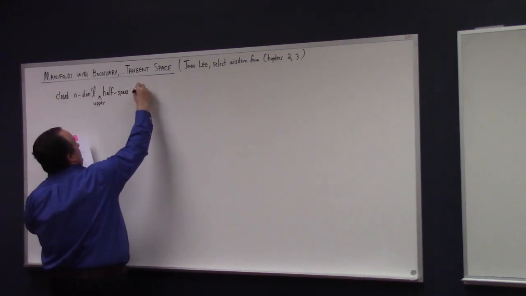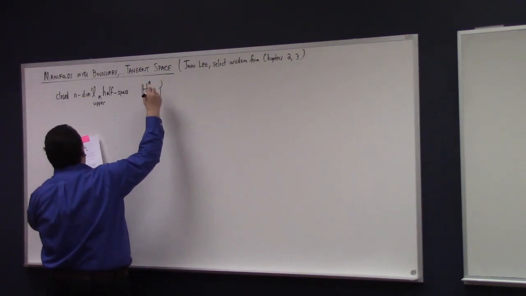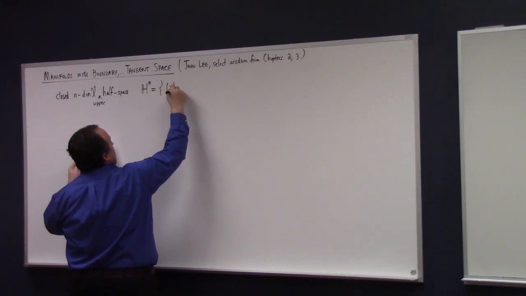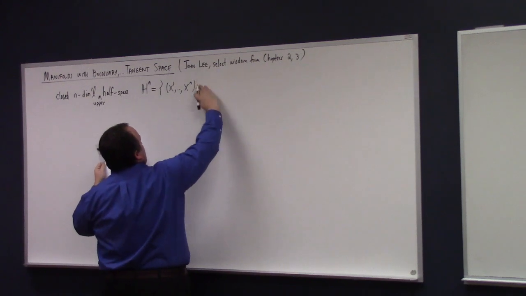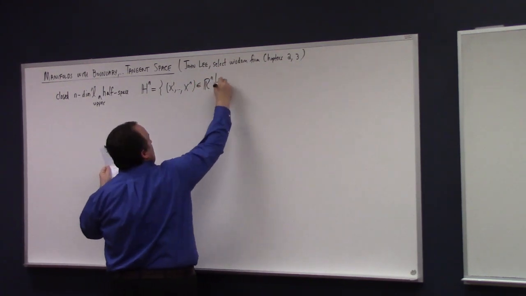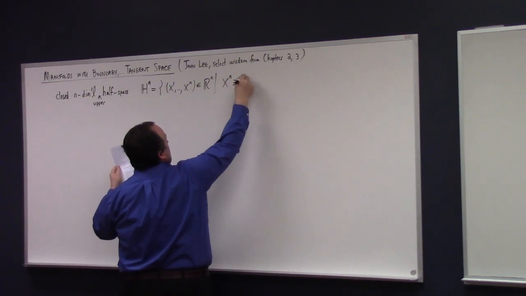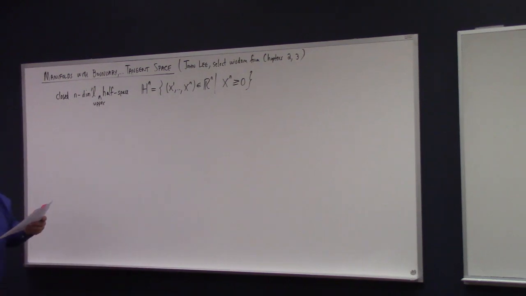Upper half space is Hn, which is equal to the set of (x1, ..., xn) in Rn such that xn is greater than or equal to 0. And he says we'll use the notations int to denote the interior, and boundary to denote the boundary of Hn.